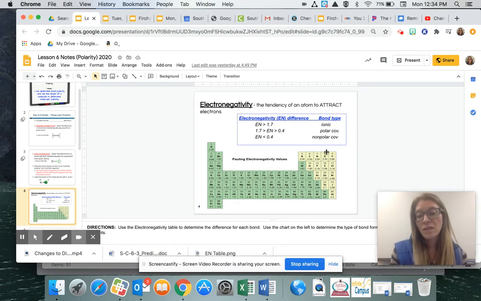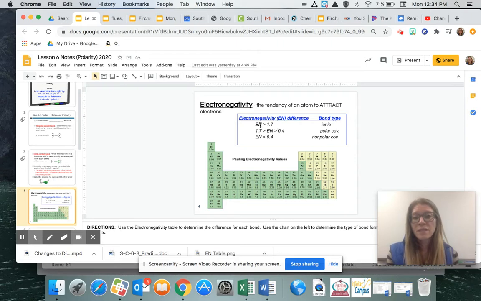And so these will have a higher electronegativity value because they're more likely to gain electrons, whereas metals over here are more likely to lose electrons, so their electronegativity value is lower. So if you wanted to write down the definition for electronegativity, you could add that to your notes. But this is how we are coming up with these values.